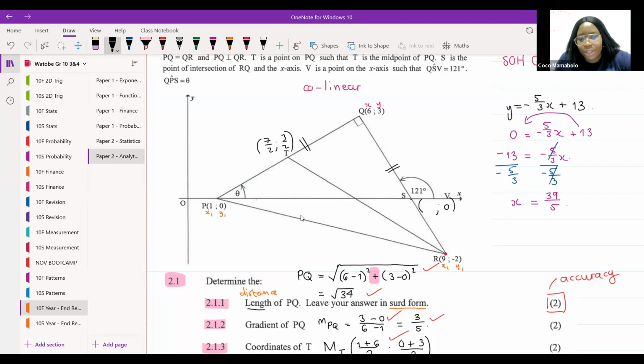Good. Our y value is 0. And we've just gone through that painful process to find our x value. What was our x value? The x value was 39/5. Correct. Look at you, giving us the coordinates that we need. Well done. We just need to take it a step at a time. Make sure that you're doing it correctly.